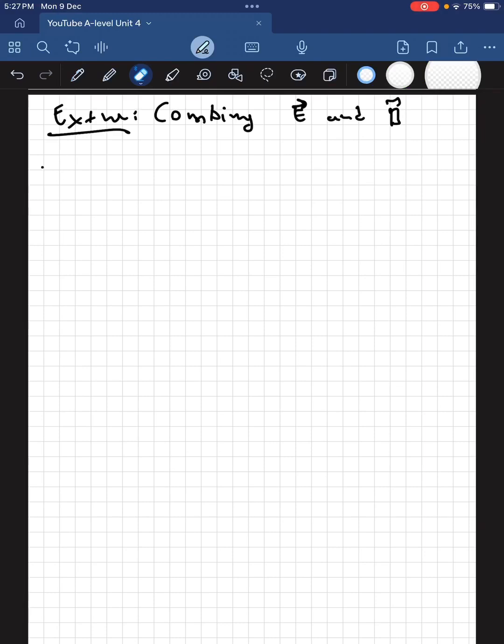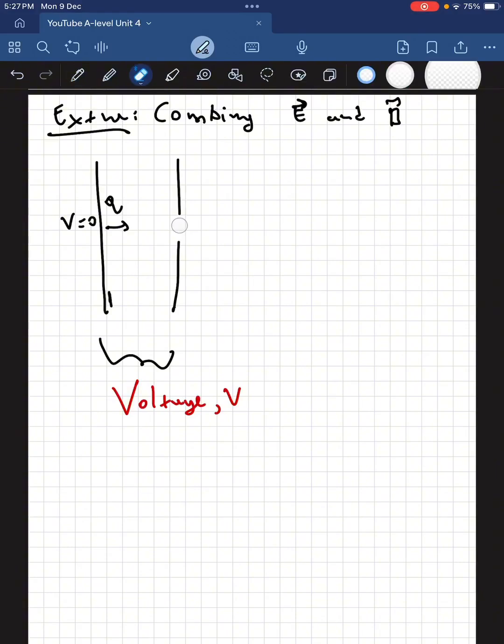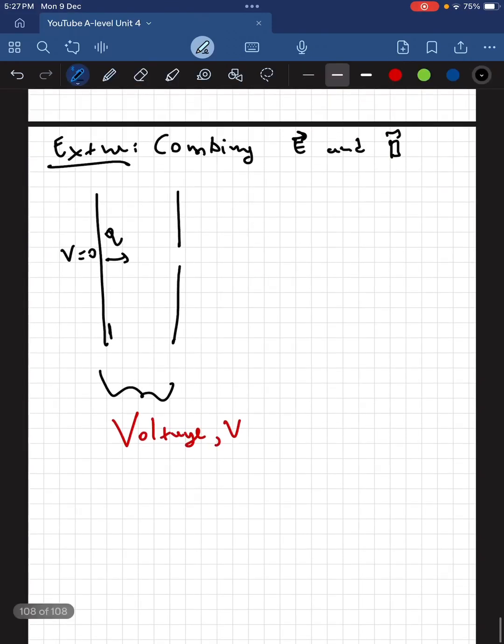Okay, so assume that you have some setup here that has some potential difference, some voltage, and you have some particle that starts from rest in this setup, and let's assume that there is a hole that allows the particle to exit.